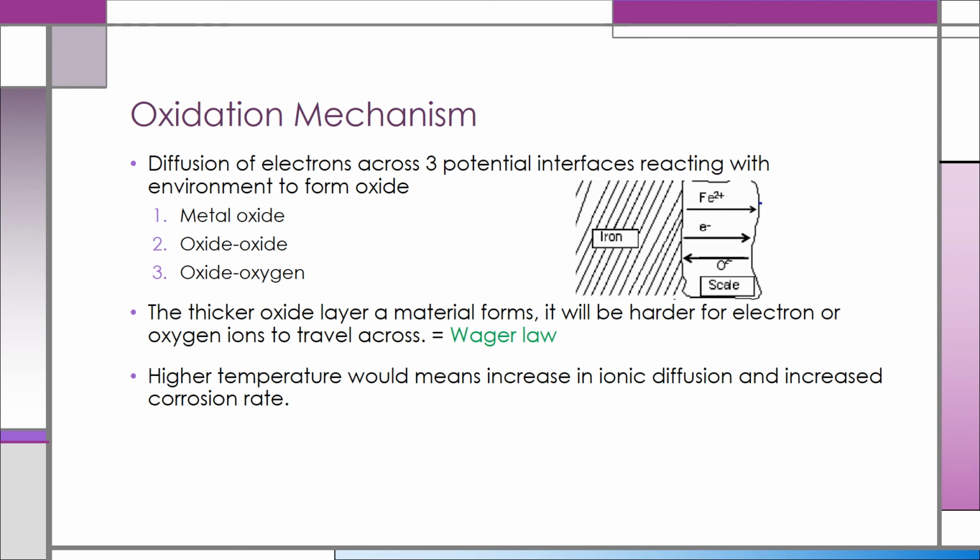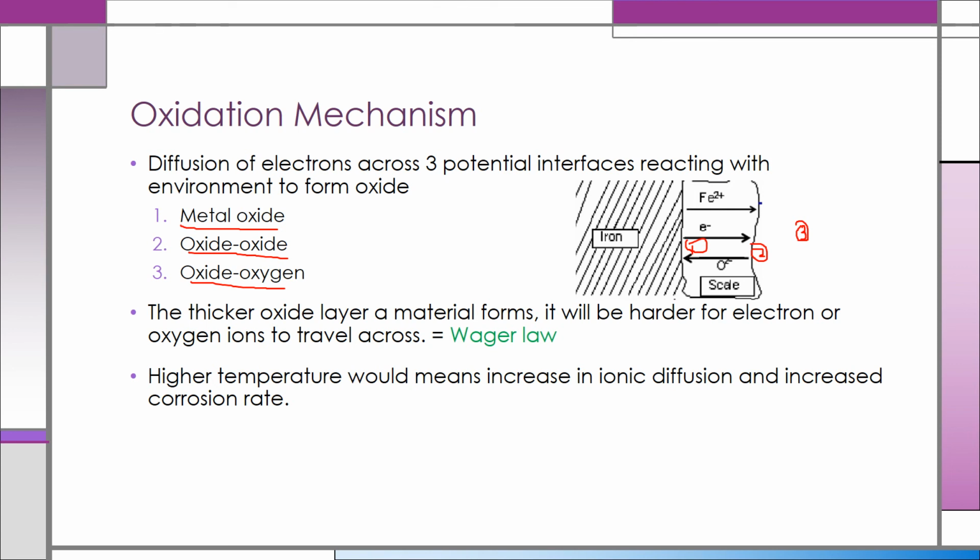So what is the oxidation mechanism? It's actually a diffusion of electrons across three potential interfaces reacting with the environment to form oxide. It can form at the metal-oxide layer, the oxide layer, or the oxide-oxygen layer. Oxide-oxygen is here, oxide is here, and metal-oxide is here. It depends on the oxide thickness.